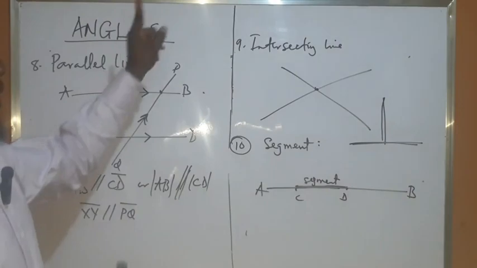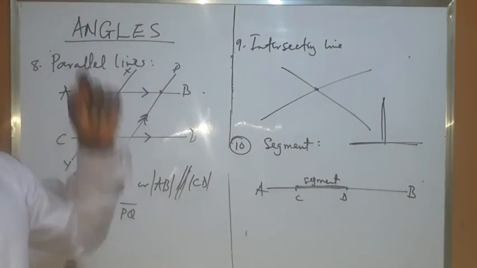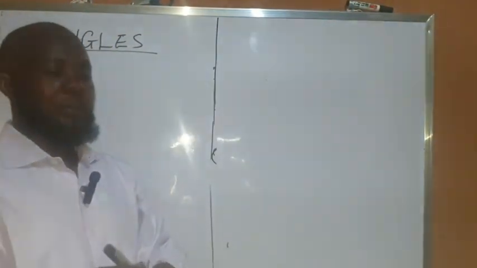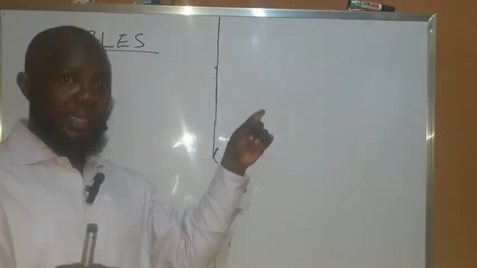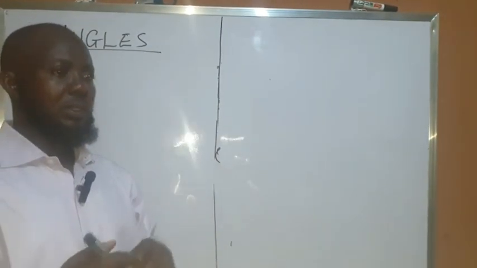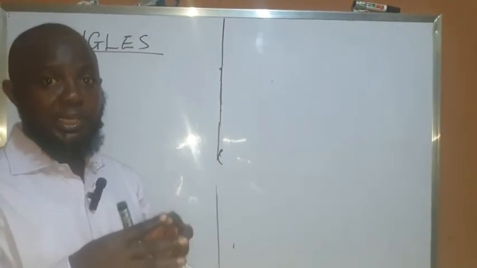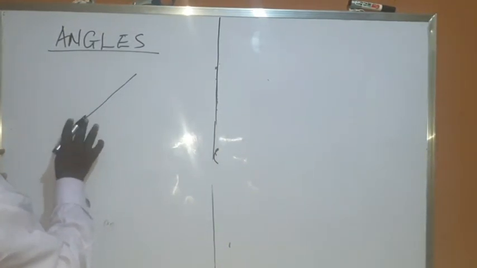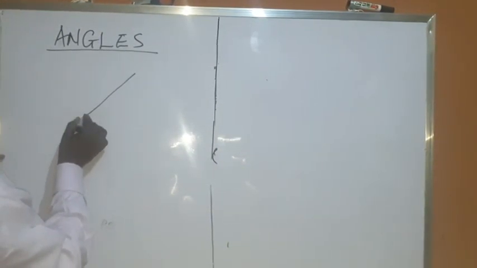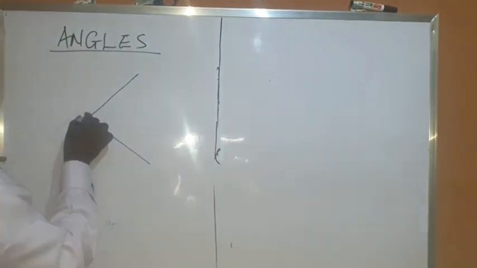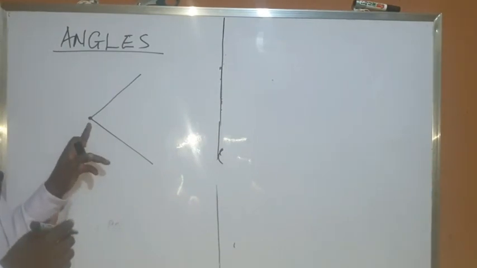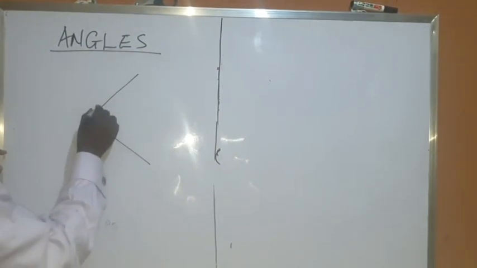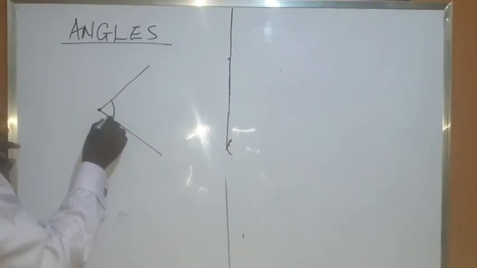So now go back to angles, because understanding of lines will make you understand angles, right? When you have two lines meeting at a point, for example, you have a straight line and another straight line, and these two lines are meeting at this point, the space between the lines is referred to as an angle.